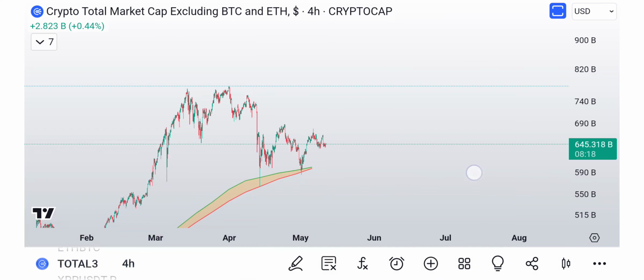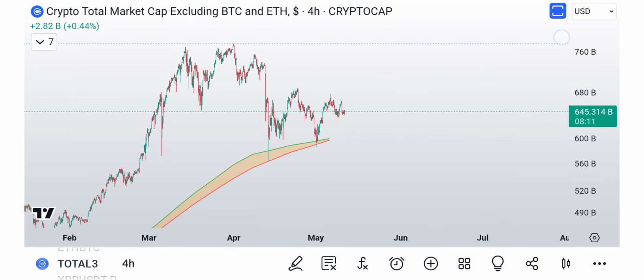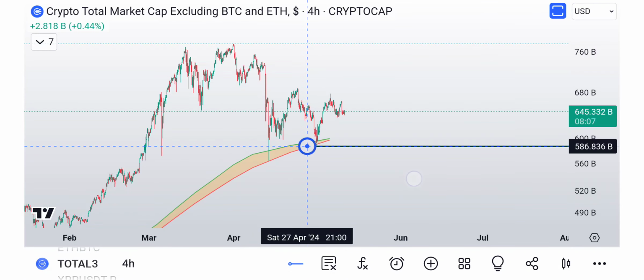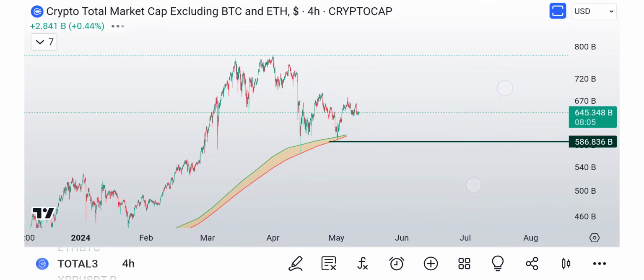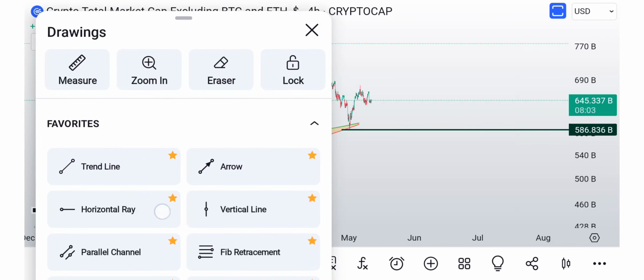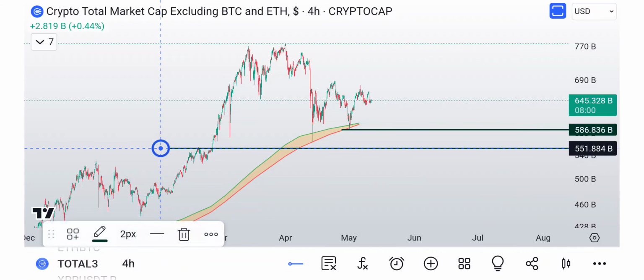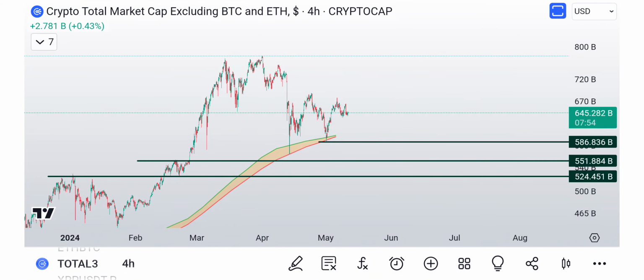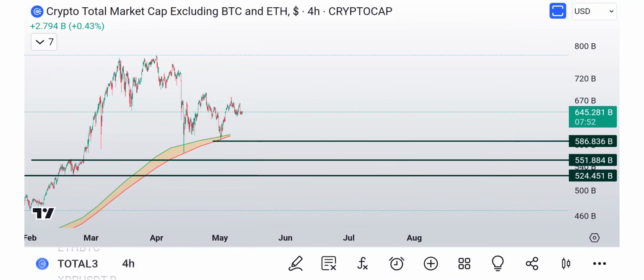Let's see, what else? If we do lose this low here, then we're most likely coming down here to here, right? Which wouldn't be such a bad thing, right? We would just have to deal with the summer months.